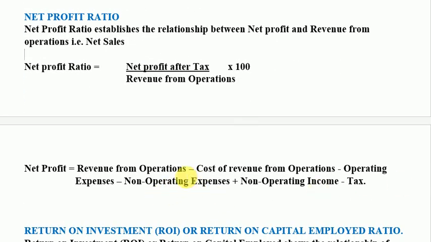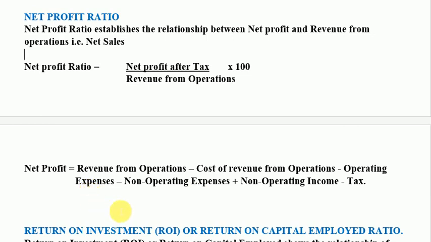You can see here net profit is equal to revenue from operations minus cost of revenue from operations. Children, you can replace this revenue from operations minus cost of revenue from operations with the simple word gross profit. So this entire explanation is gross profit. Then you subtract operating expenses.